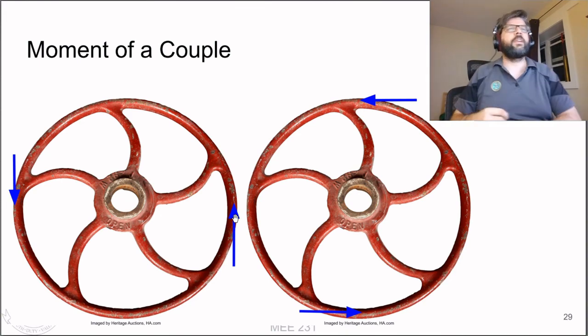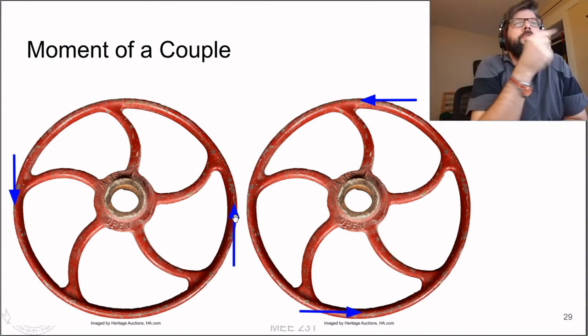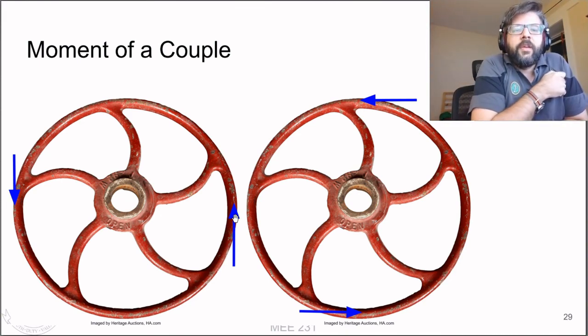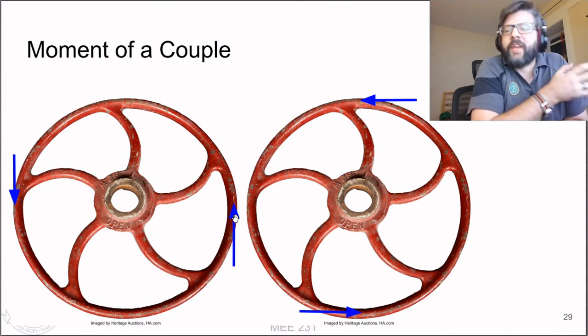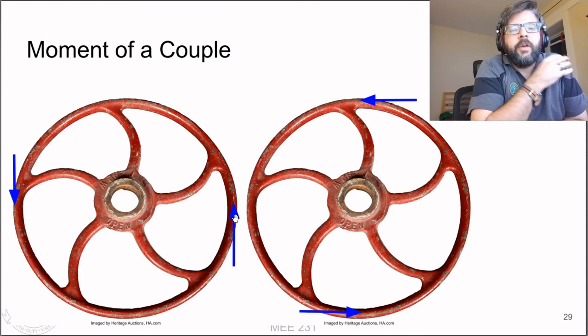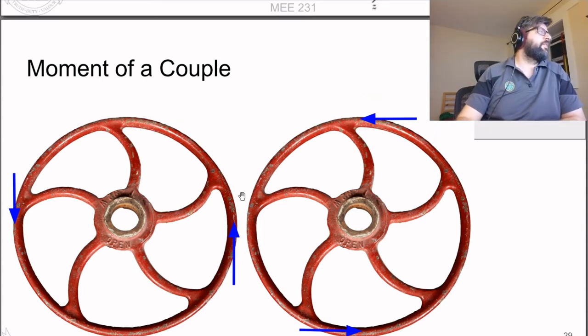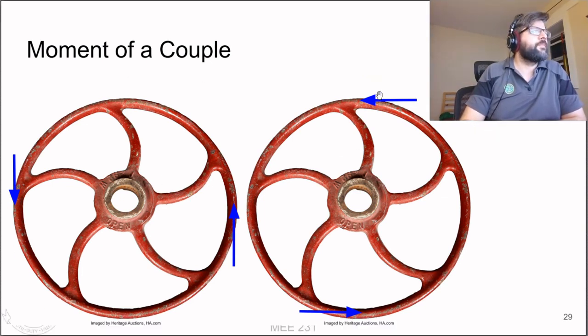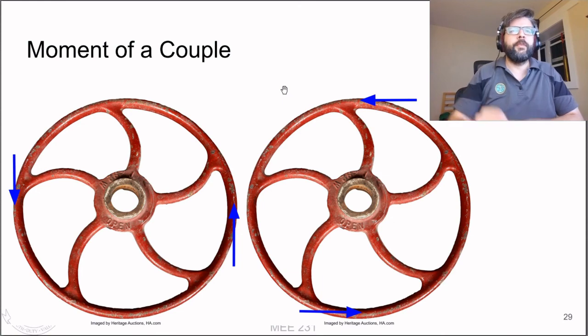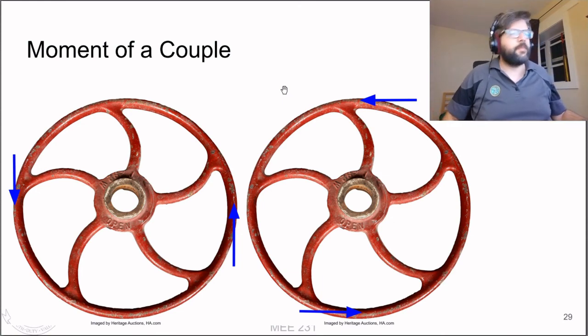Again, we're still cranking it with the same amount of force. Which one of these is going to cause the steam pipe to open faster? Which one is going to cause a larger moment to allow you to open that valve easier, or to overcome the resistance? I really hope that most of you are saying, well, it's the same.